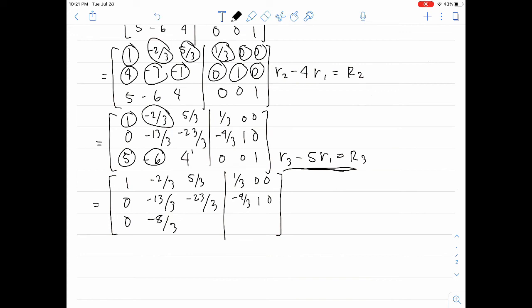Then next, 4 minus 5 times 5 over 3 is negative 13 over 3.